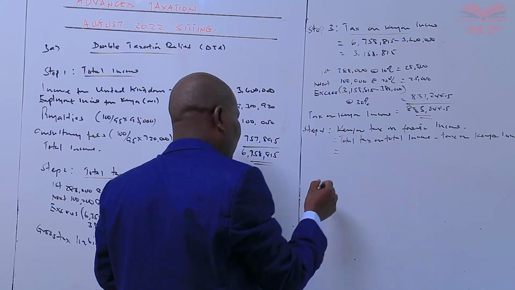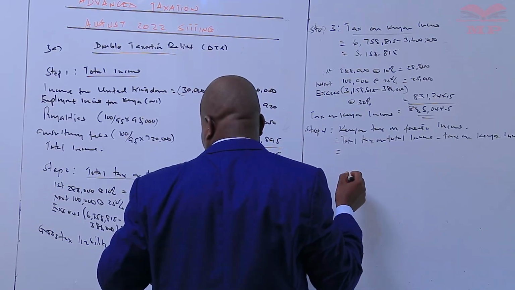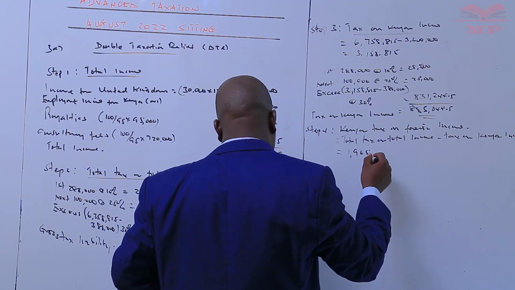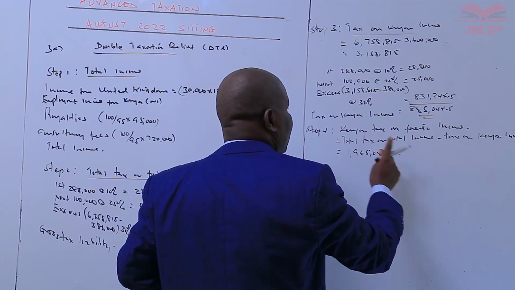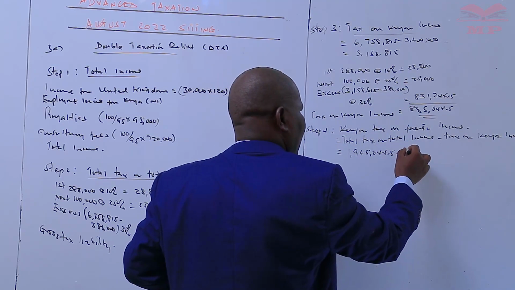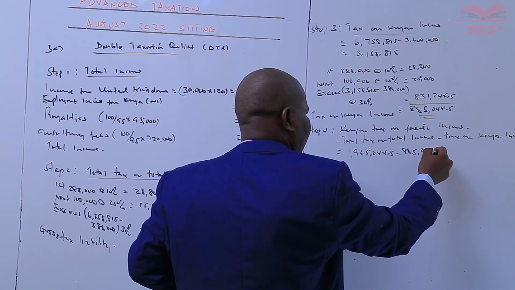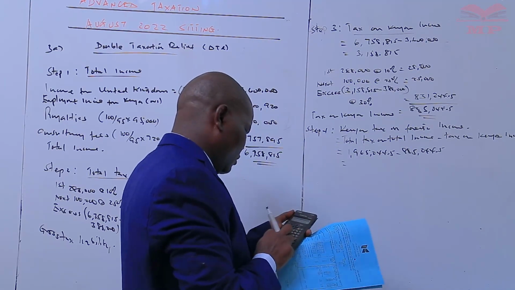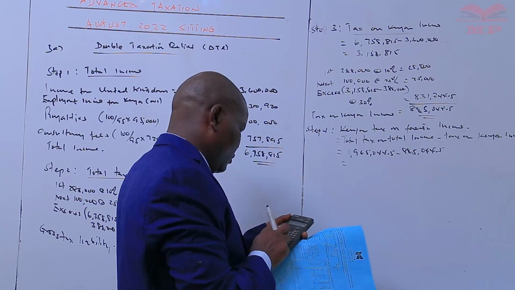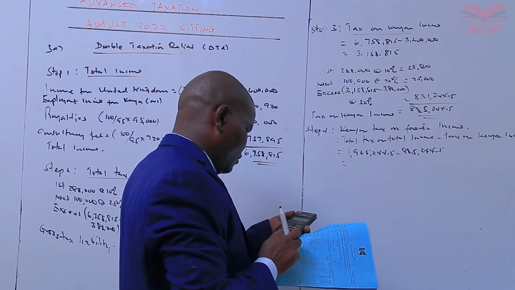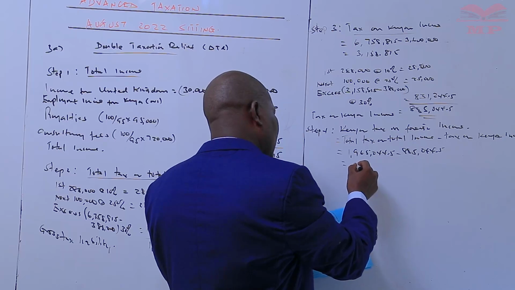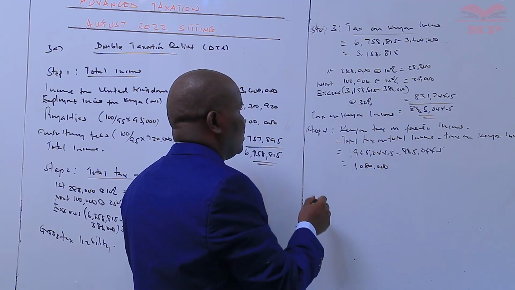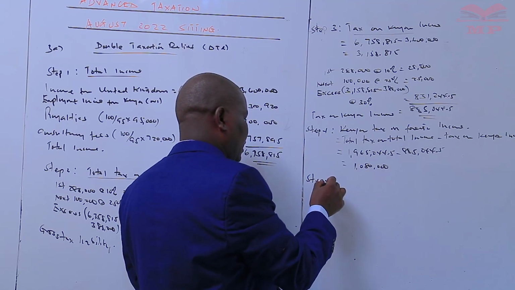So total tax on total income we got to be here, step 2, 1,965,044.5. Then tax on Kenyan income is 885,044.5, and we get it as, I'm getting 1,080,000. Step 5 is to get DTR.